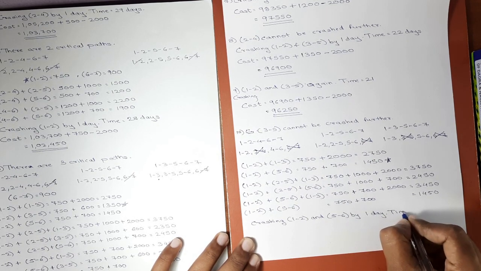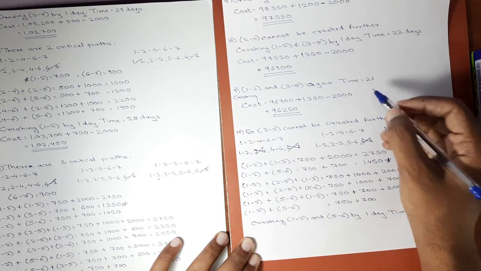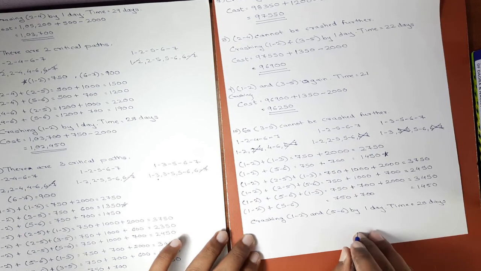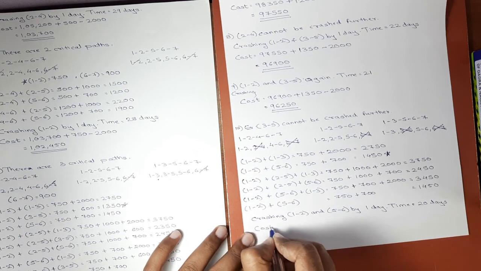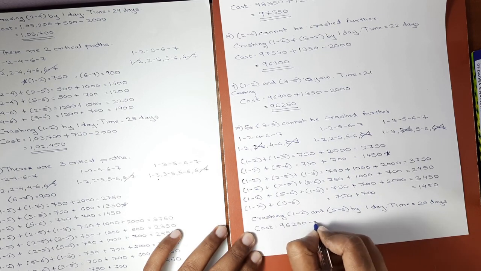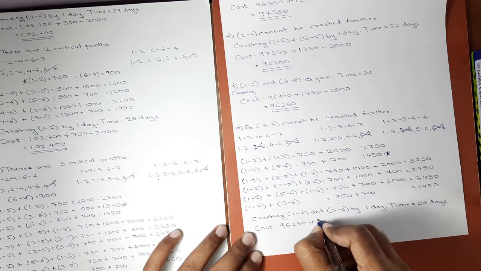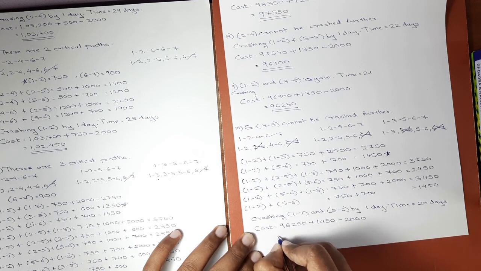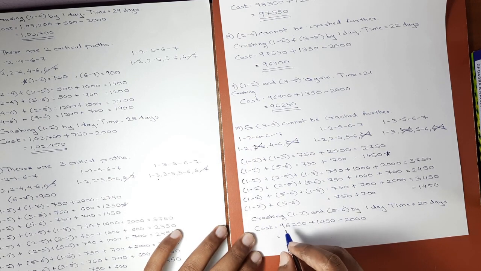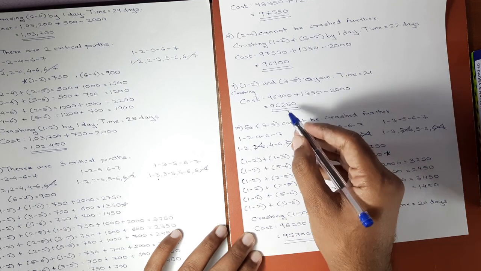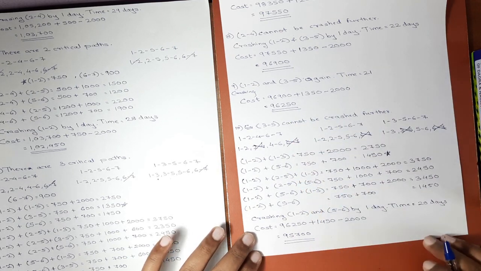Here the time will now be, in last step it was 21 days, now it will be 20 days, and the corresponding cost will be 96,250 plus combined cost slope 1450 minus indirect cost per day 2000. 96,250 plus 1450 minus 2000, we get the cost as 95,700. Again the cost is reduced from 96,250 to 95,700.